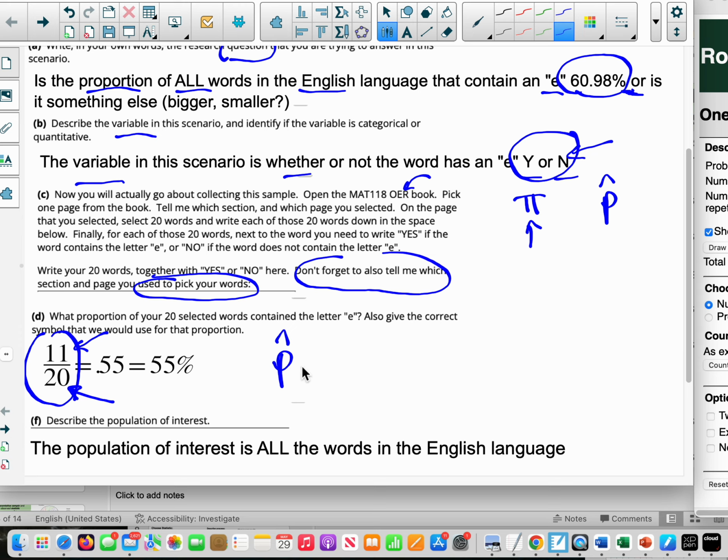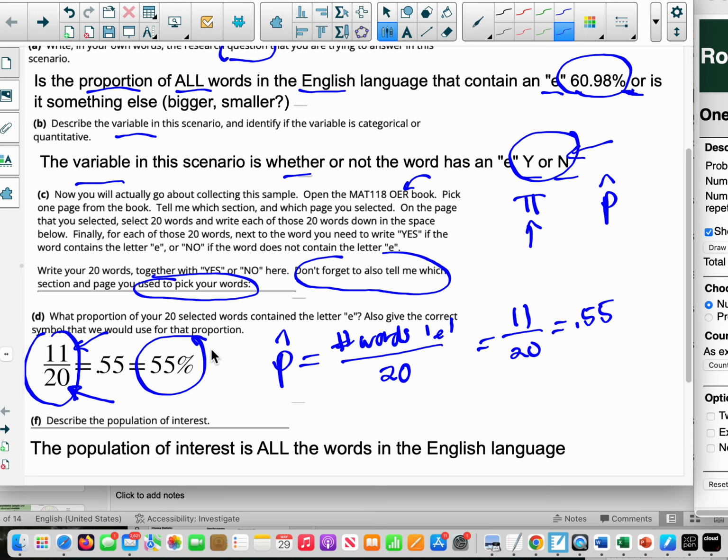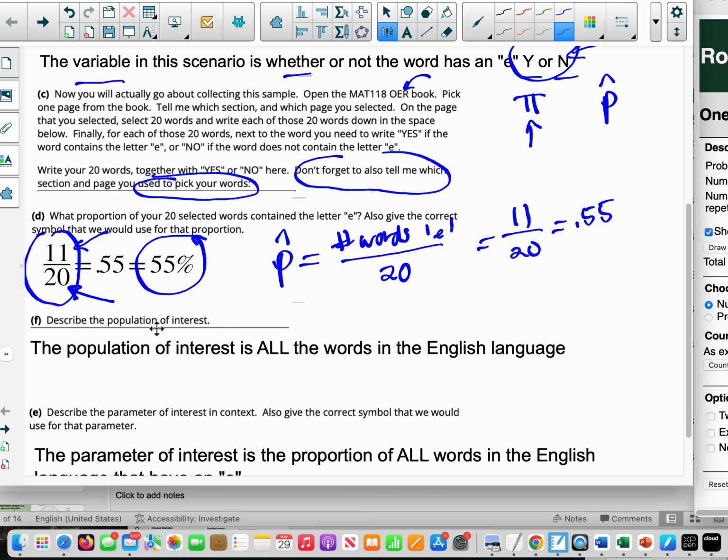So my p hat is the number of words that had an E out of the total of 20 words. In this case, 11 out of 20, which I can write as a decimal, 0.55, which is 55%.